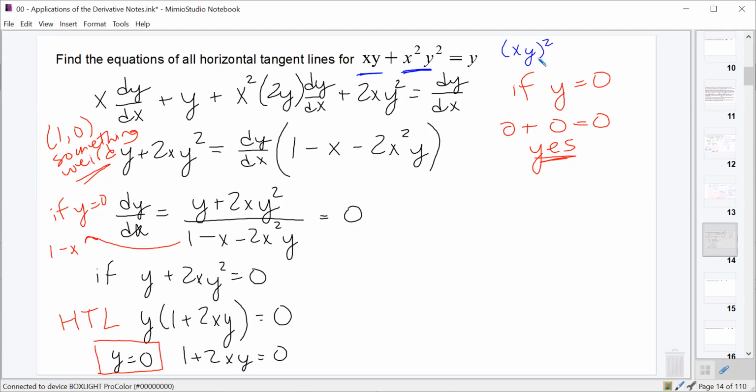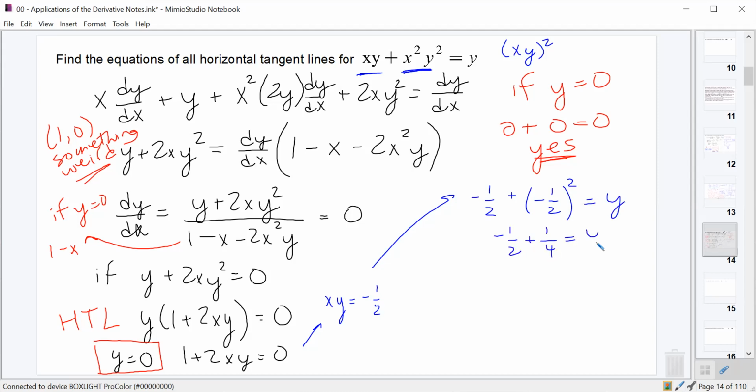So if I just solve this for xy, yielding xy equals -1/2, I should be able to plug that into my original equation to give me -1/2 plus -1/2 squared equals y, or -1/2 plus 1/4 equals y, or y equals -1/4.